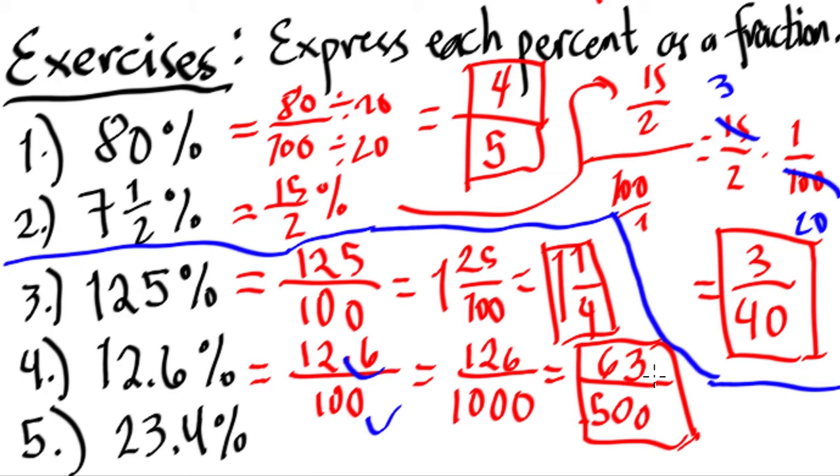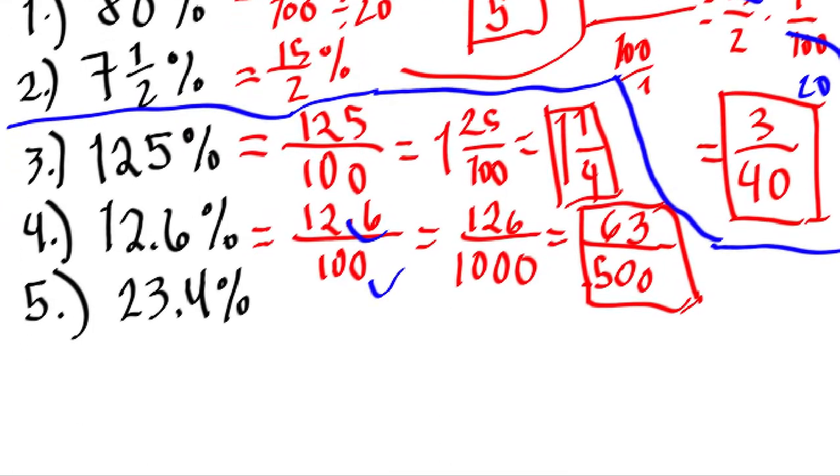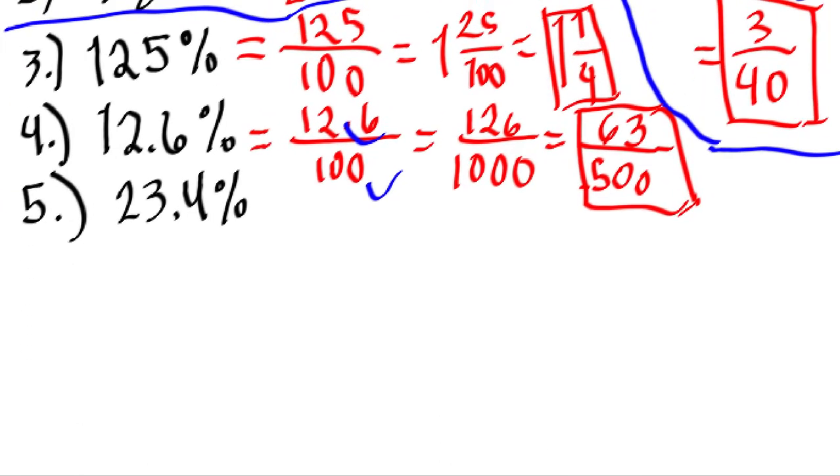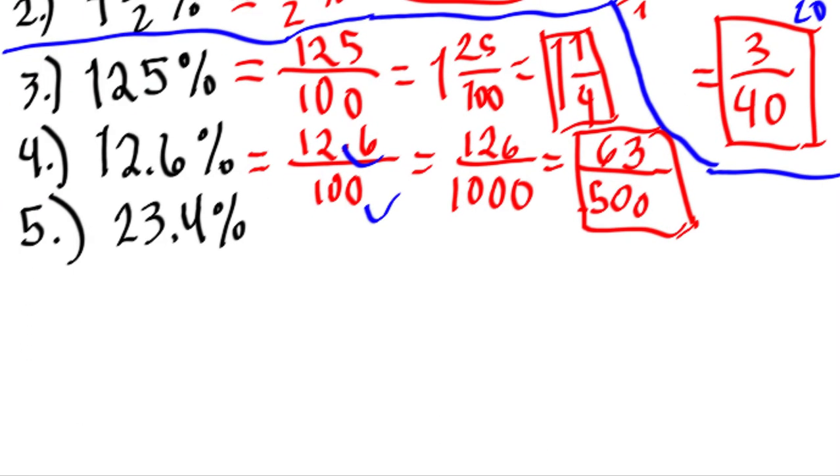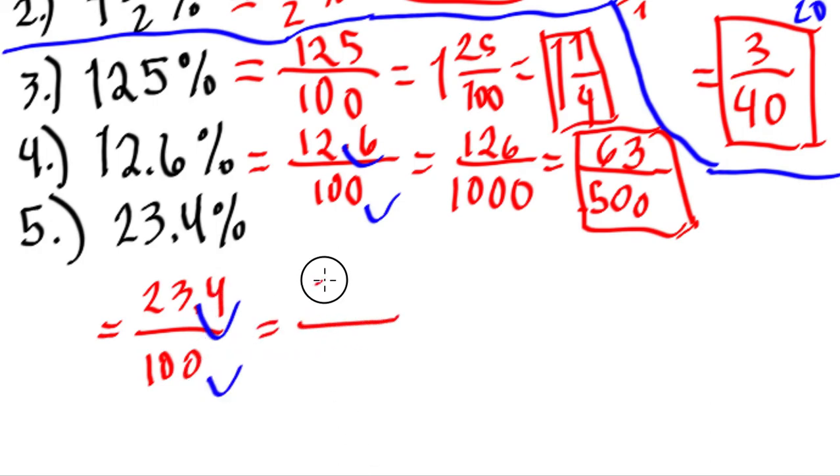Okay. Now for number 5, the last number, I think we need more space. So let's have it here. For number 5, similarly to number 4, we're going to put 23.4 over 100. We're going to move the decimal point once here, which will render us 234 over 1000.